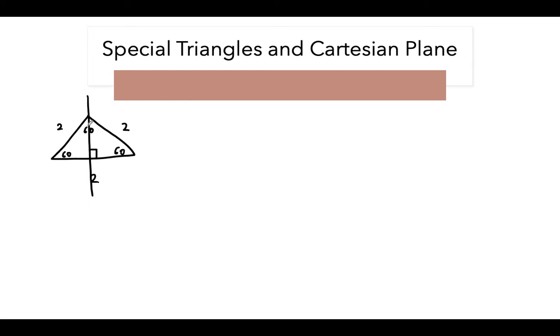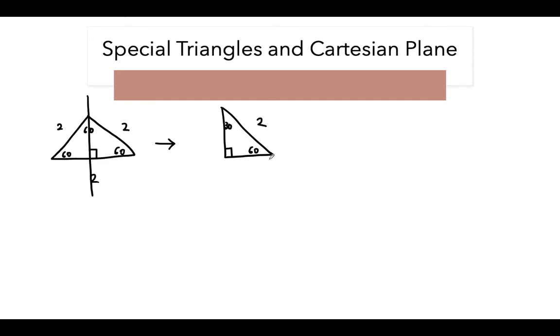But because I cut it in half, this 60 now becomes 30. So if I draw the cutout triangle, this is 90, this is 60, and the top angle is now going to become 30, because it's cut in half. This hypotenuse stays the same too.